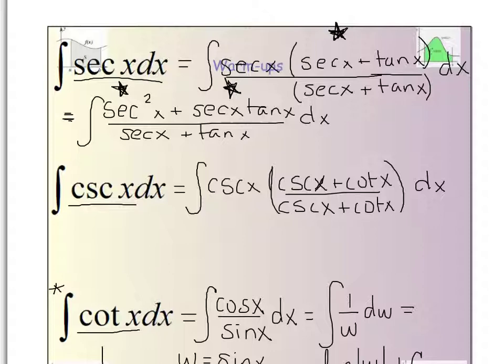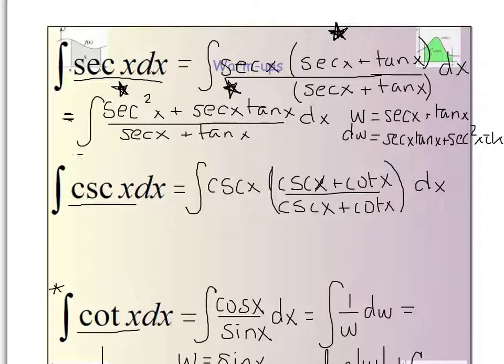That's really interesting because if you let w equal secant x plus tangent x, then dw will equal secant x tan x plus secant squared of x dx.